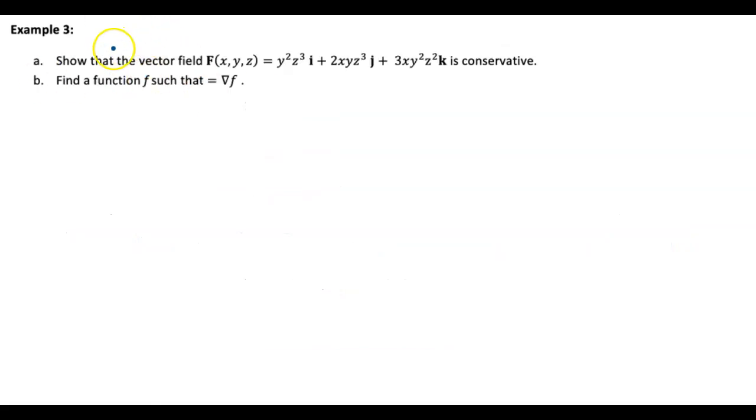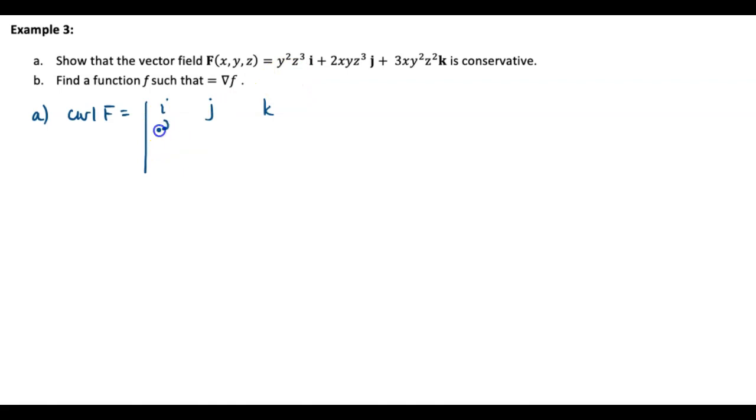One more example of this. Let's show that this vector field is conservative. So we're given that it is conservative, and we just need to show it. Meaning for part A, we just need to find the curl of F. And we know that's the cross product of del and F. And so let's just set this up. We've got our i, j, and k components.